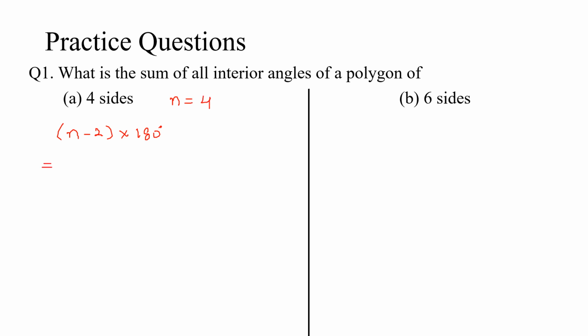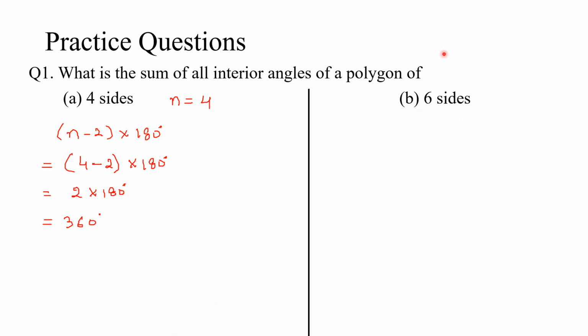If you substitute n equal to 4, you will get (4 minus 2) into 180 degrees, which is 2 into 180 degrees, and you will get the answer as 360 degrees. So the sum of all the interior angles of a polygon which has 4 sides is 360 degrees.